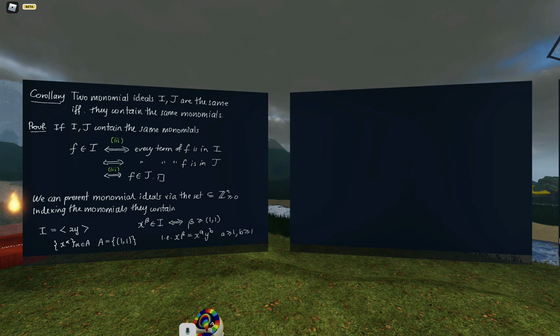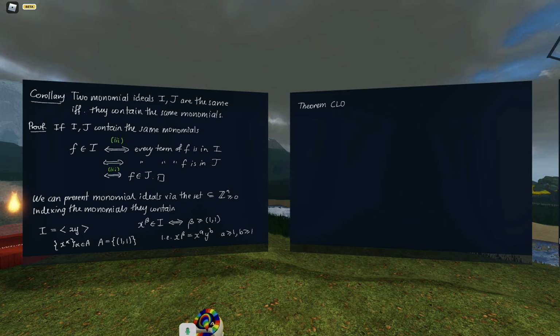And you can probably think of a natural pictorial way of thinking about that as a set of points in the plane. And indeed, we're going to use that picture in the proof of Dickson's lemma, and even a three-dimensional picture, which is the object behind you that I think I saw Richie asking about. That'll come in a moment.